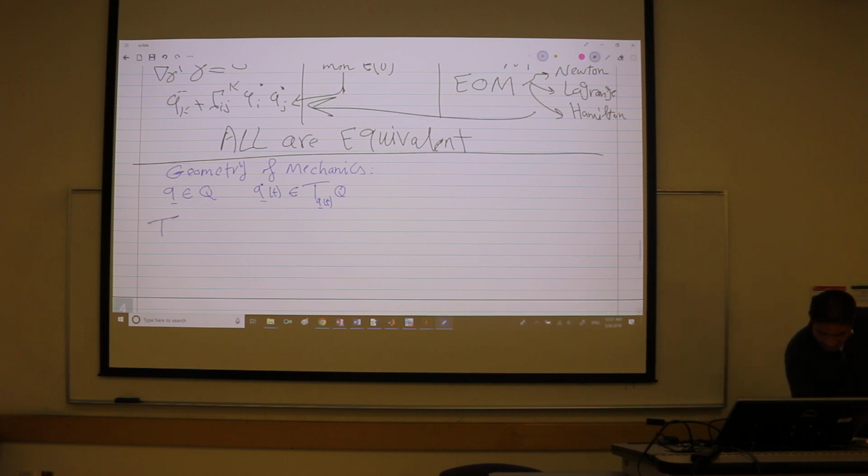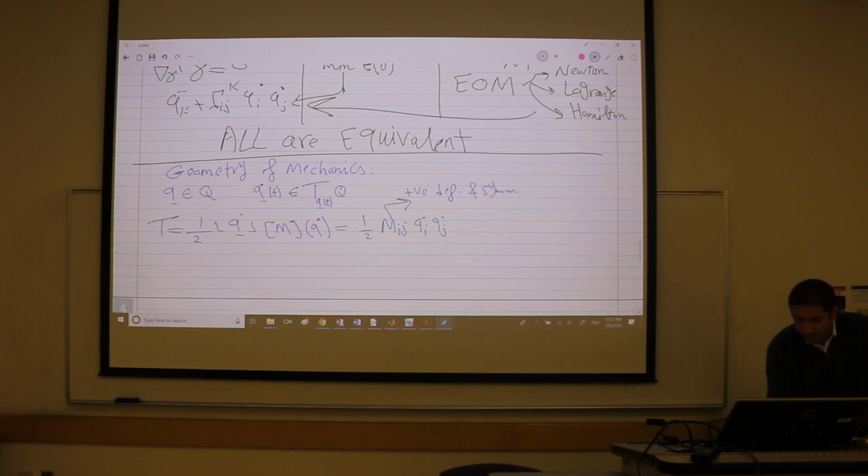And the kinetic energy typically is written as, like I said, for any mechanical system, one half Q dot transpose times the mass matrix times Q dot. So this is 1/2 M i j Q dot i Q dot j, with the mass matrix by definition for a mechanical system being positive definite and symmetric.